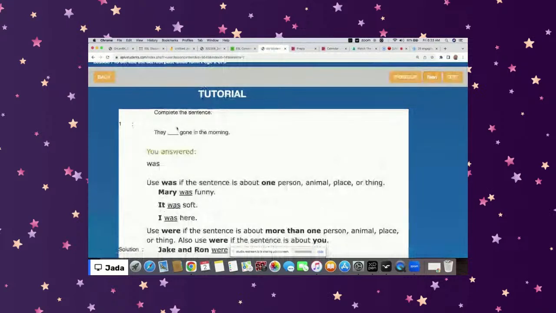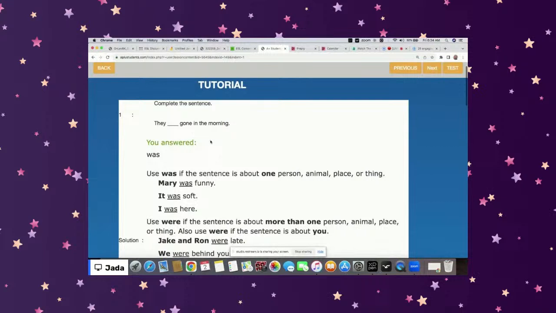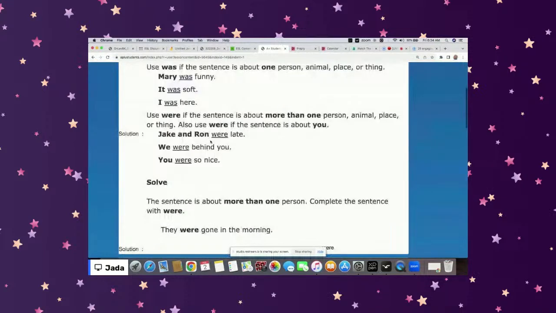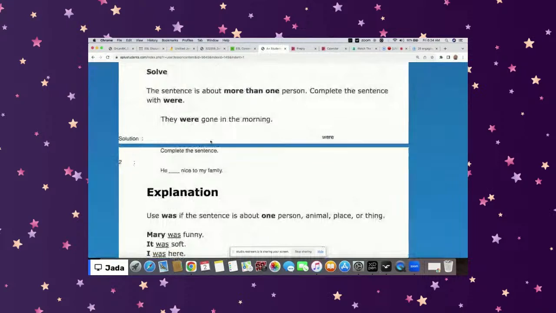Now, they dash gone in the morning. They, it's what? We know that they is plural, right? So they were gone in the morning. Alright? They were gone in the morning. Then he dash nice to my family.